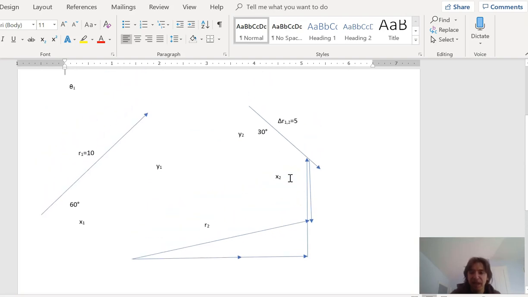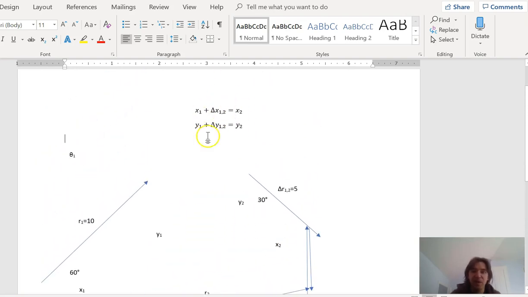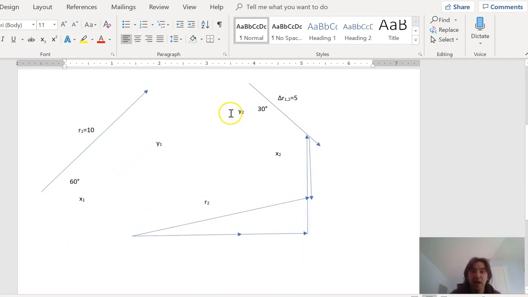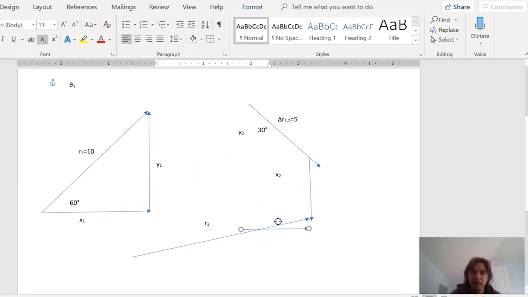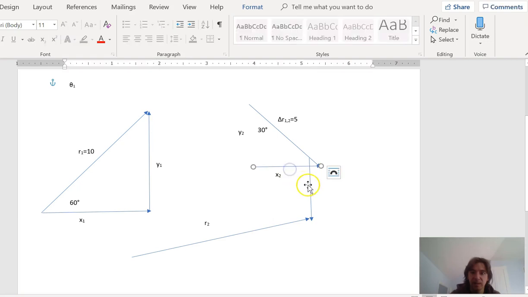So we say, it's simple to add vectors with numbers because their components add up in the simple way that numbers normally add. But in order to do that, we actually have to go back and figure out what those components are first. So let's do this. Bring our components back home. So here's our x1 and our y1. Here's our x2 and our y2.